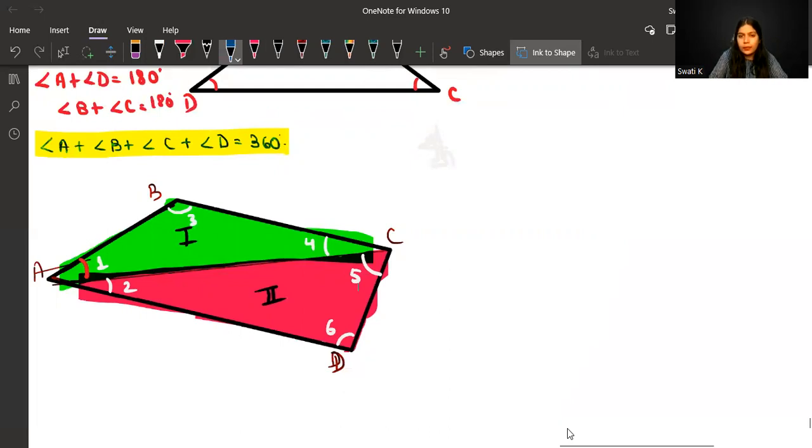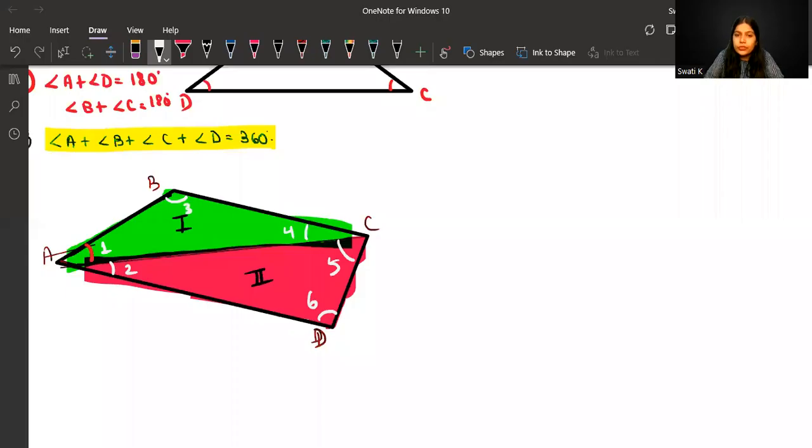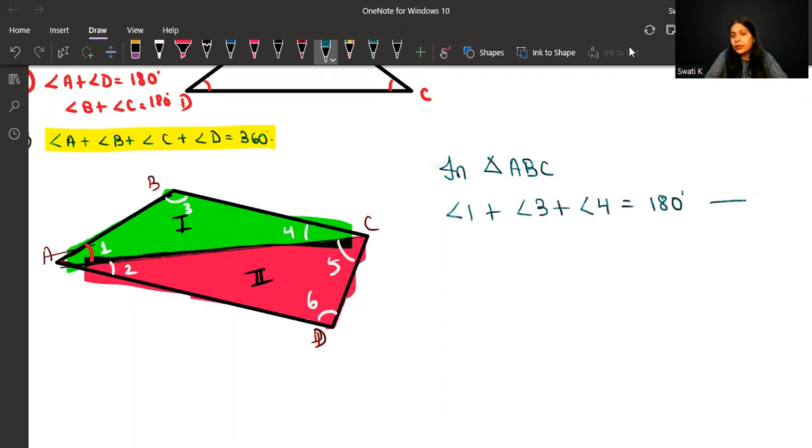So in triangle ABC, of course, using the angle sum property, I can write down angle 1 plus angle 3 plus angle 4 is 180 degrees using the angle sum property. And I'm writing this as equation 1.